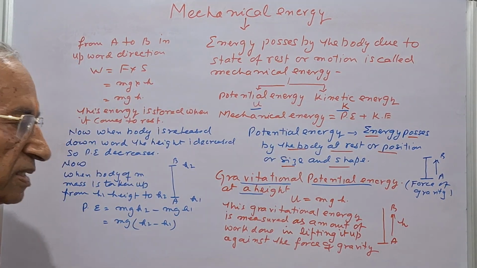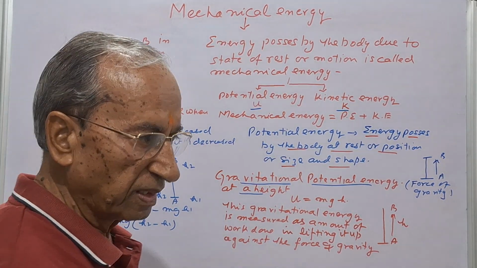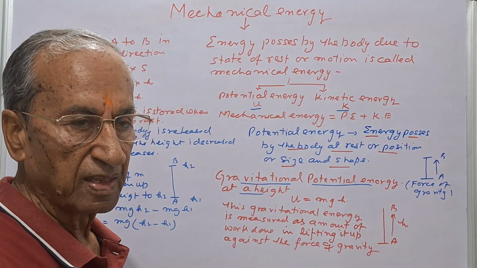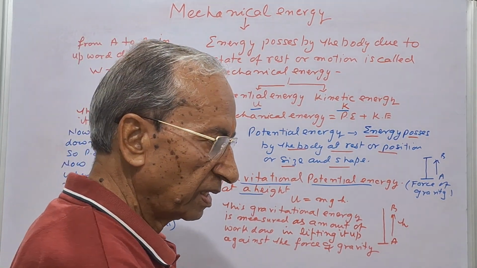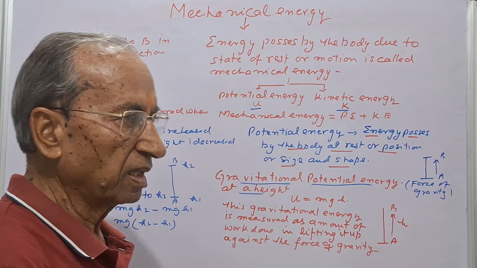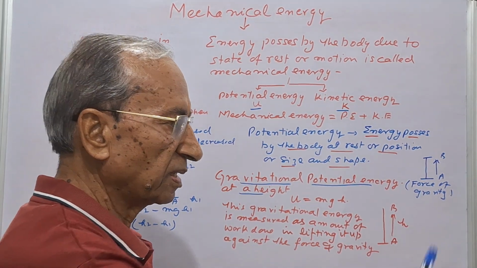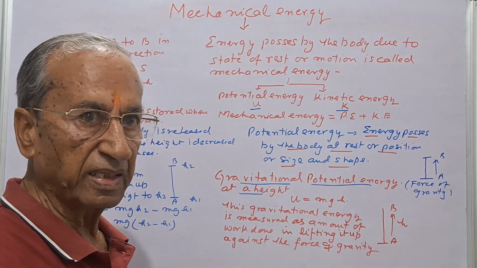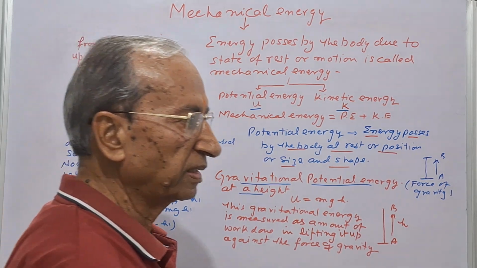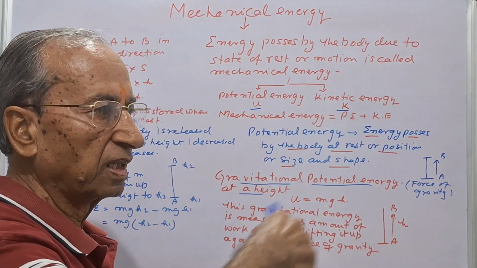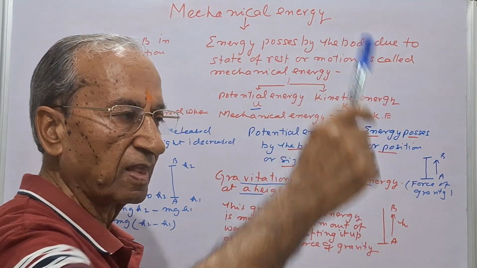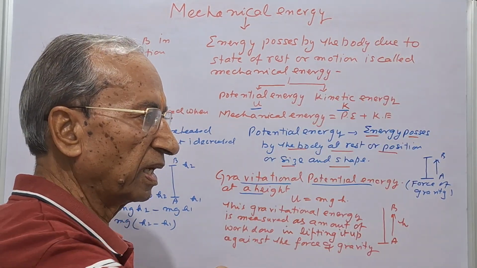So the point is that each and every object possesses some energy. This energy may be due to rest, say something lying on the table or something lying on the earth. It is at a rest position, and the other is motion. A body is running, or a cycle or a car is running.